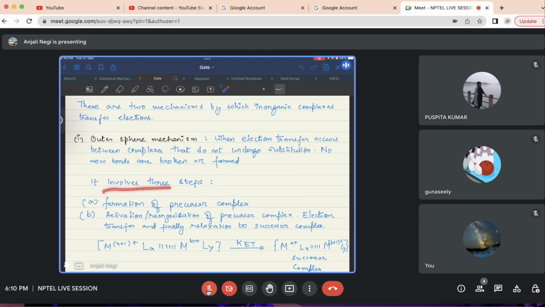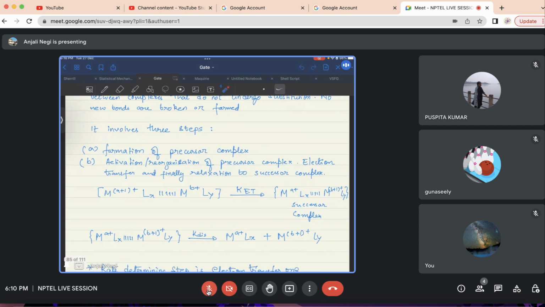So it basically involves three steps. The first step is the formation of the precursor complex. Whenever two complexes are present in our reaction, I have not given you the first step, but you can imagine it will be MLX plus MLY, with some charge. So this will be the first step, and in the second step they will come closer to each other such that they form a precursor complex.